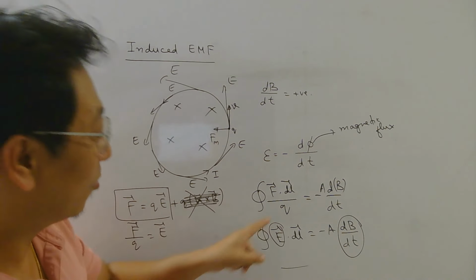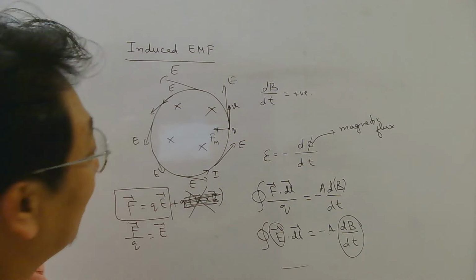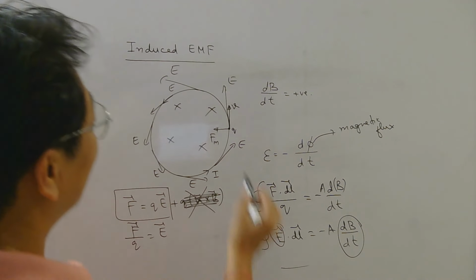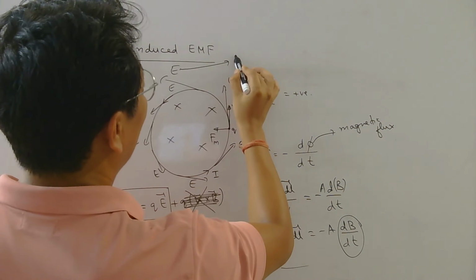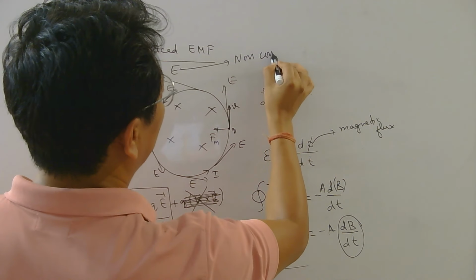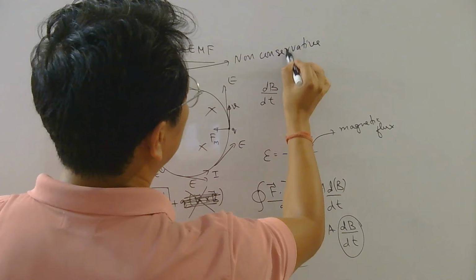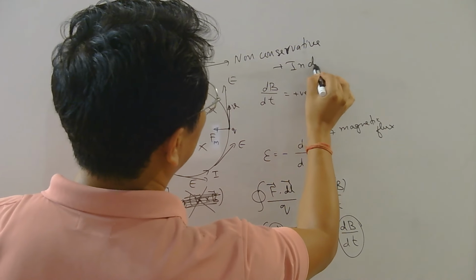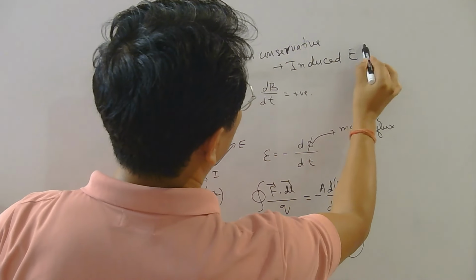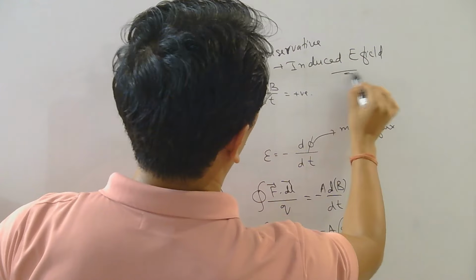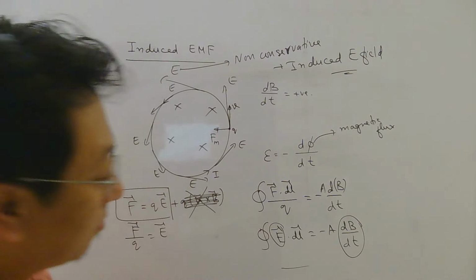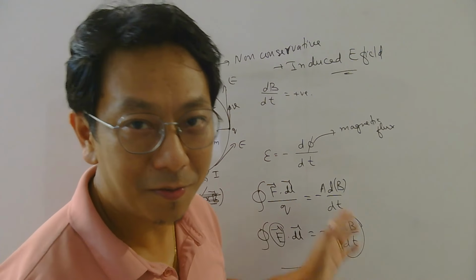And since it is not coming zero, this E is a non-conservative electric field, and therefore we give a different name to this. We call it induced electric field, which is non-conservative, created by changing magnetic field.